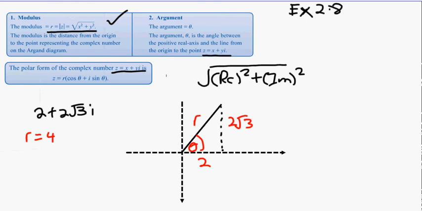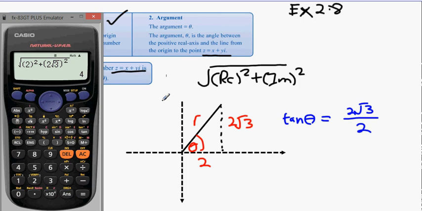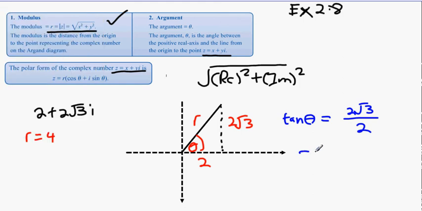Next thing we've got to do is find the angle theta. So tan theta ends up being 2 root 3 all over 2, and I have to find out what theta is. So theta is tan inverse of 2 root 3 all over 2.